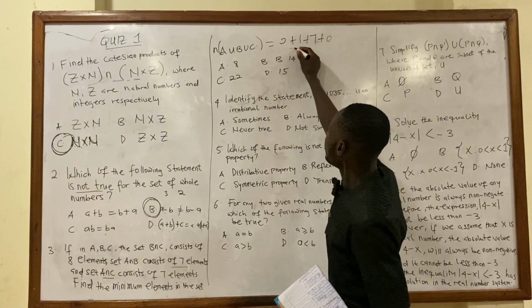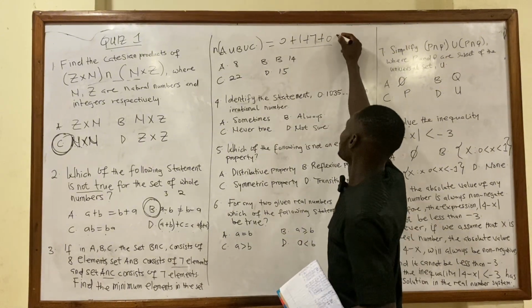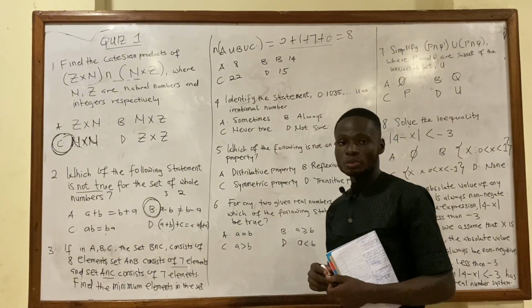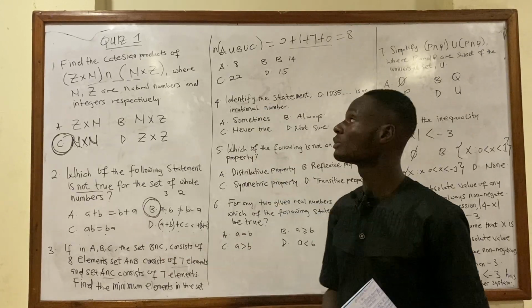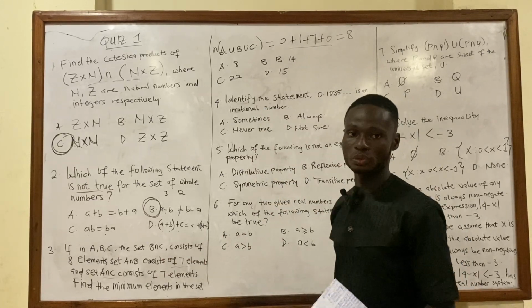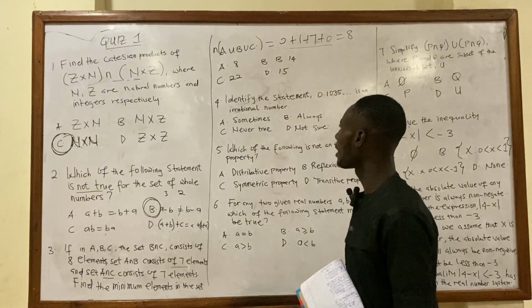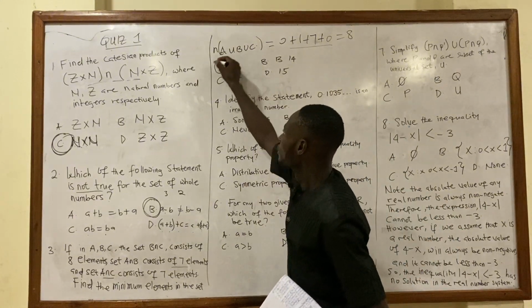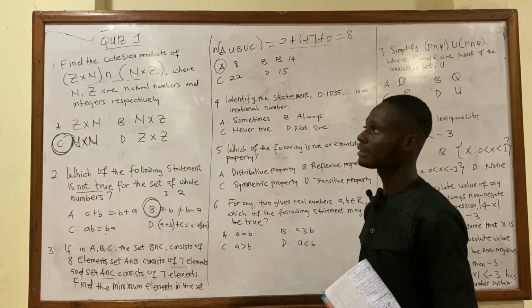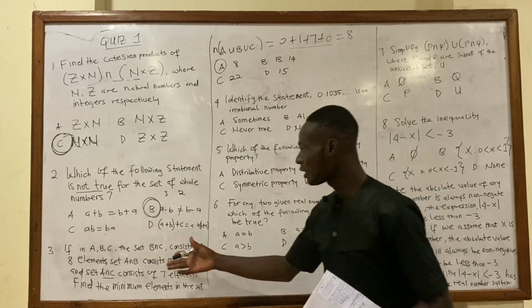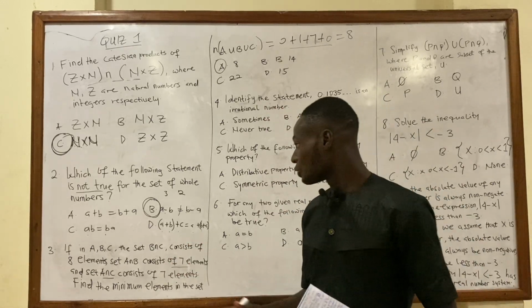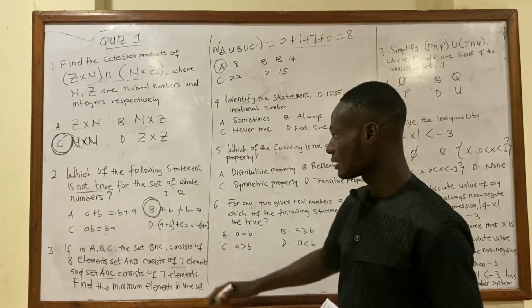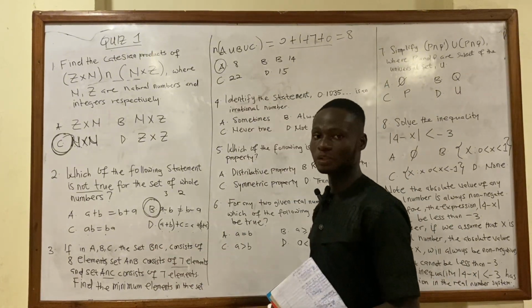So when you add all these elements, you get 8. So that will be our minimum element in the set. That's basically what they are trying to look for in this question. So our answer over here will be A. Very, very easy. If you don't understand this statement, you end up getting this question wrong. So our answer to this question is option A, which is 8.